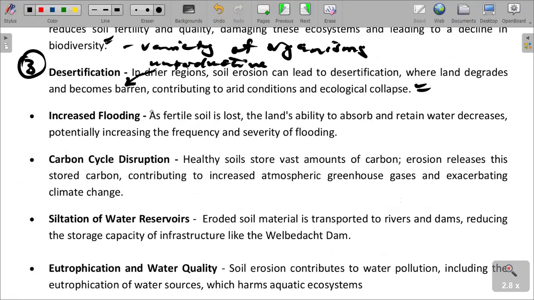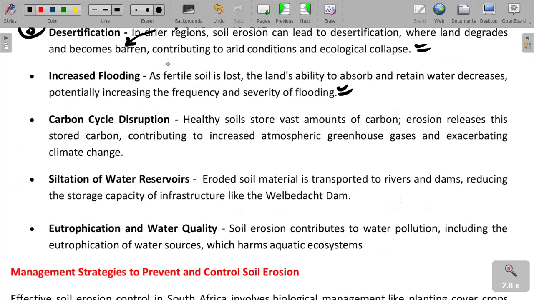Increased flooding: as fertile soil is lost, the land's ability to absorb and retain water decreases, potentially increasing the frequency and severity of floods, which are related conditions and environmental challenges that we can relate to soil erosion. Carbon cycle disruption: I'm sure we remember the carbon cycle.